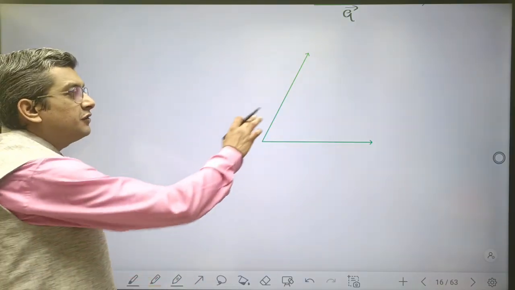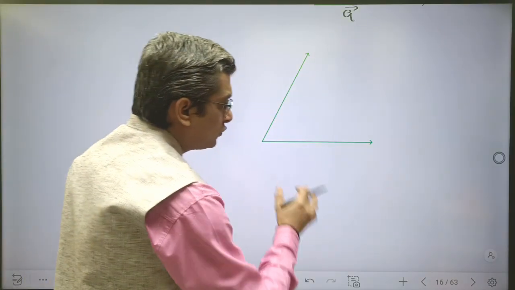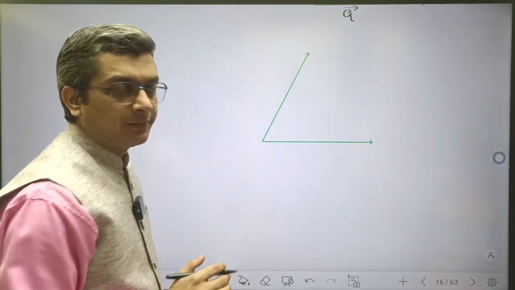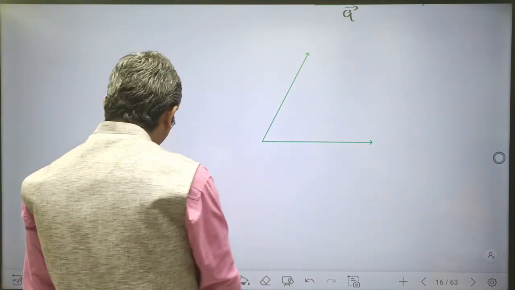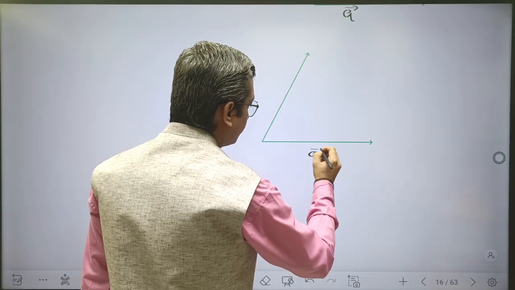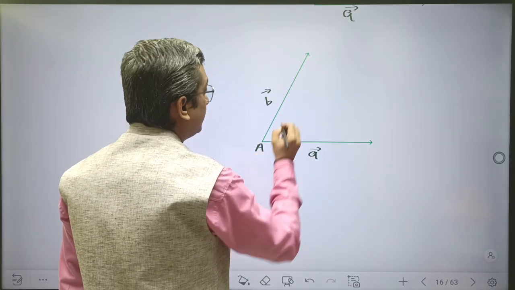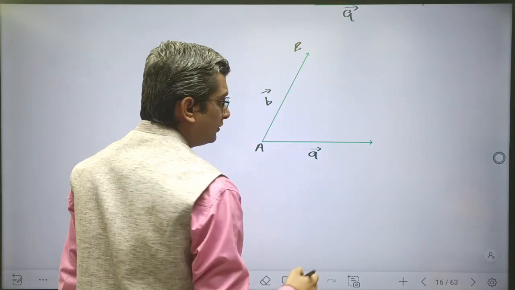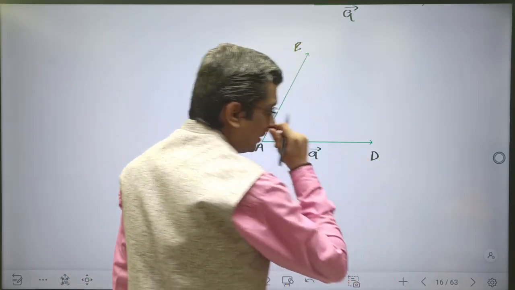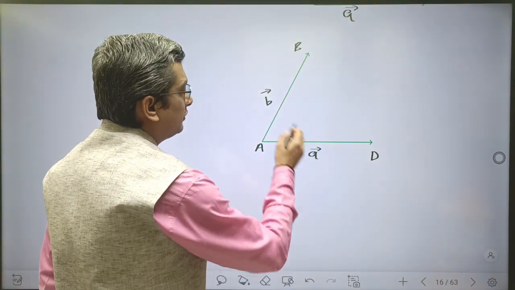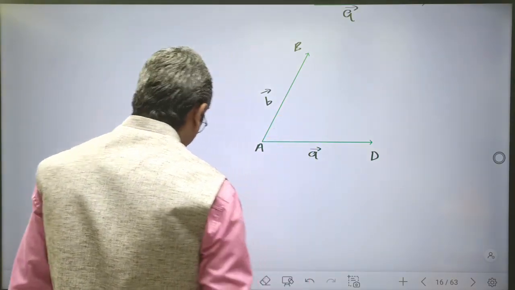We have shifted the two vectors in such a way that their tails coincide. Now this is vector A and this is vector B. Let the points be named A, B in this way, and this is D. Now we construct a parallelogram using these two sides, or these two vectors.